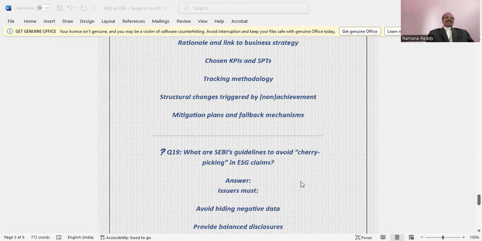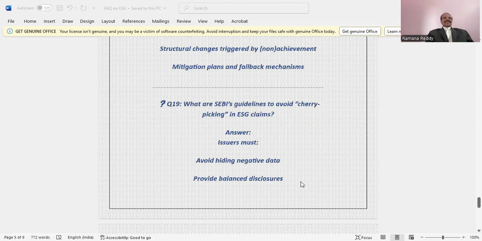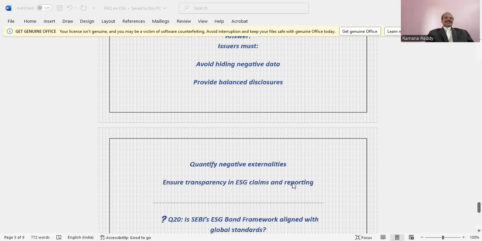What are SEBI's guidelines to avoid cherry picking in ESG claims? Issuers must avoid hiding negative data, provide balanced disclosures, quantify negative externalities, and ensure transparency in ESG claims and reporting.